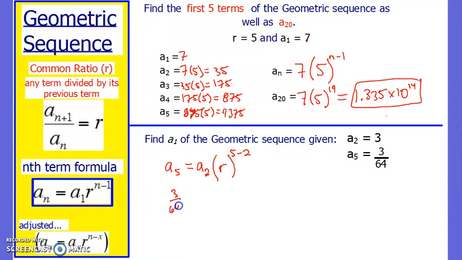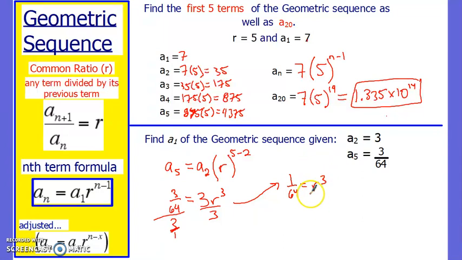So let's plug in what we know. 3 over 64 is equal to 3 r to the third. We'll divide by 3 on both sides, which essentially is multiplying by 1/3. Basically, that's going to cancel my 3's, so 1/64 is equal to r to the third.